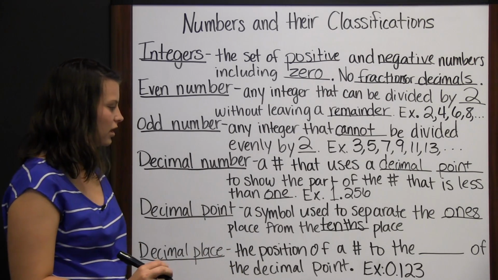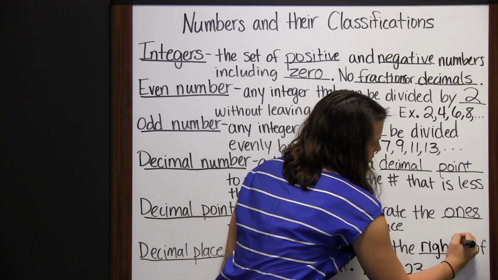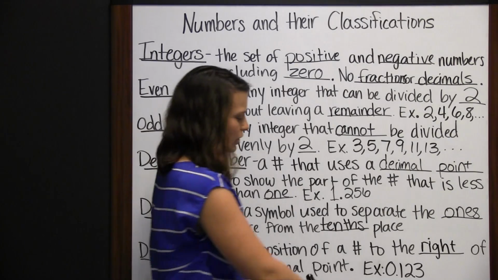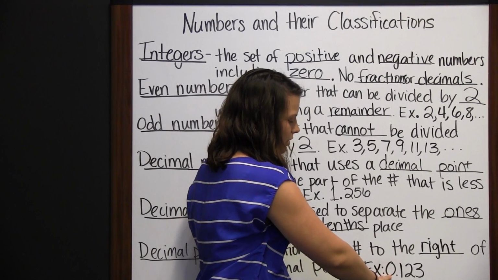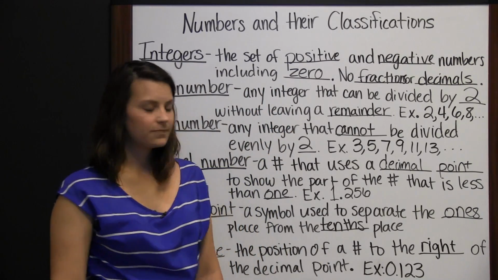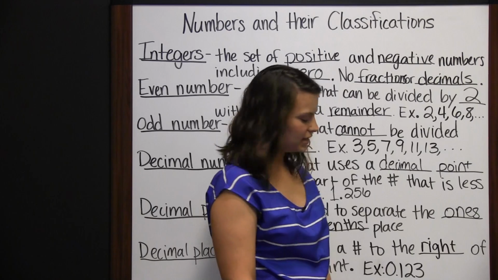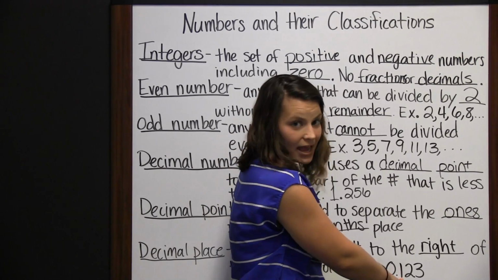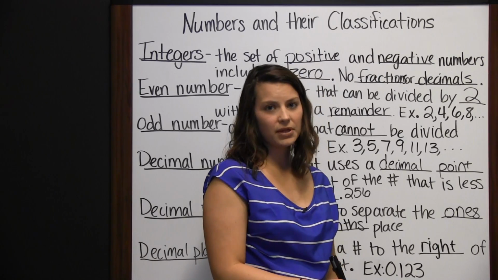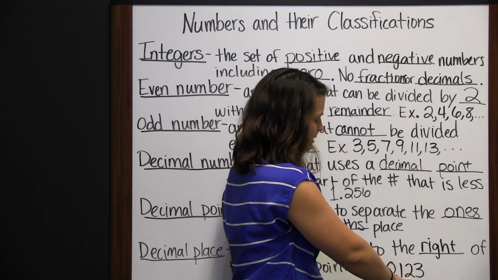Finally, decimal place. That's the position of a number to the right of the decimal point. So in this number, 0 and 123 thousandths, the 1 is in the first position to the right of the decimal, and so that's the tenths place. The 2 is in the second place to the right of the decimal, that's the hundredths place.